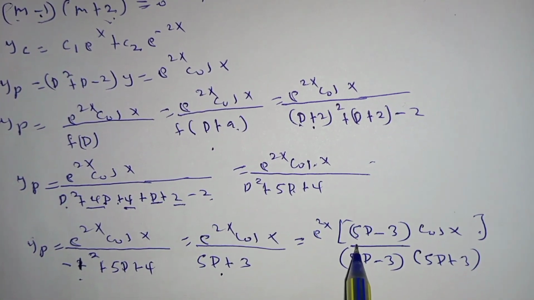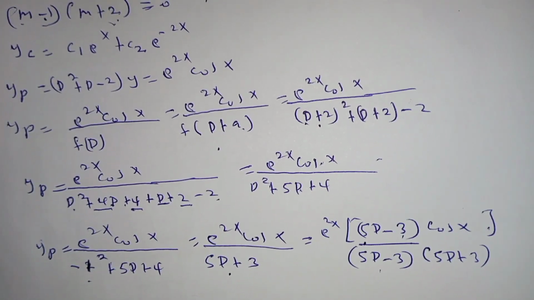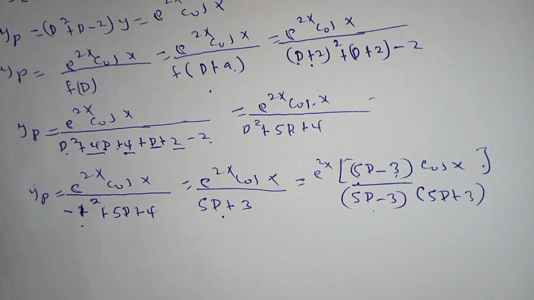So here what we do, we multiply by 5d minus 3, and we divide by the same so that we don't affect our working.